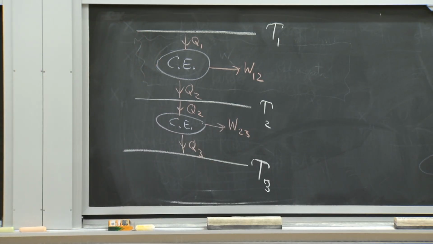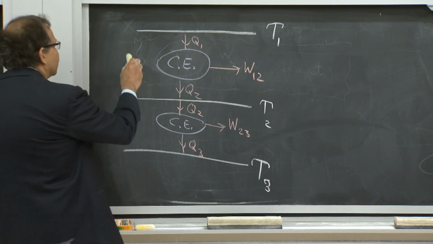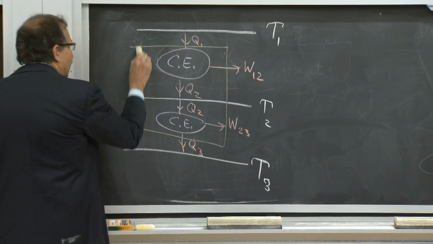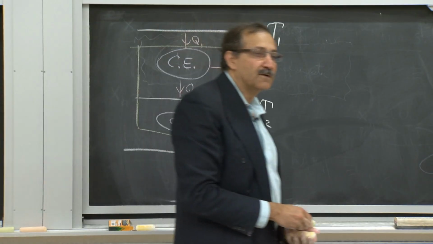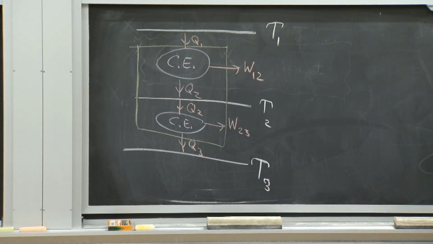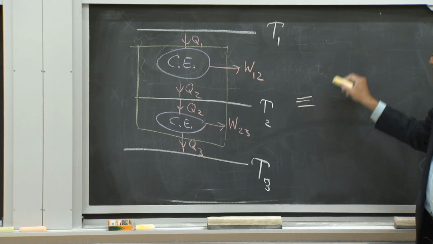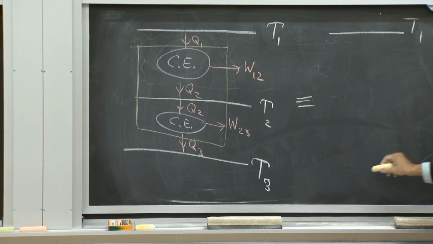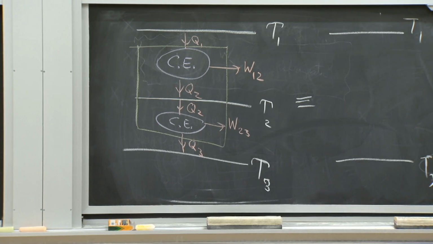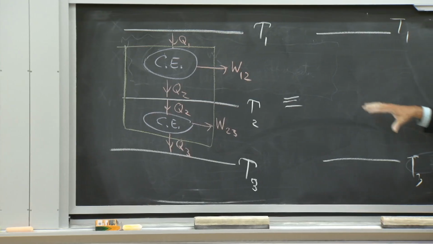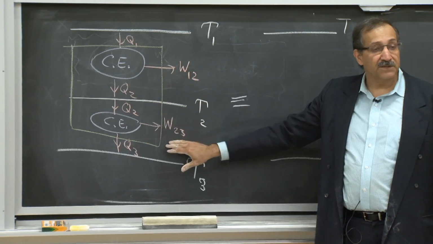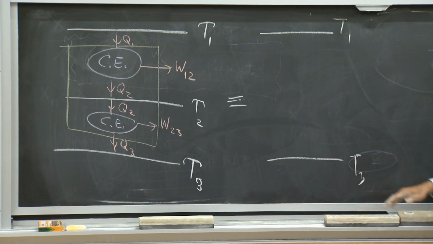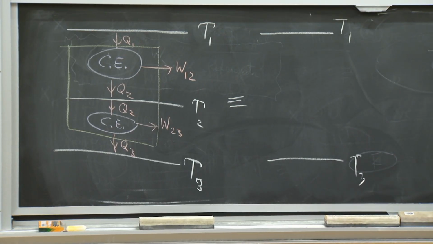Clearly, what I want to do is to say that when I look at the combination of these things, what happens at temperature 2 is an intermediate, and the whole thing is equivalent to a Carnot engine operating between T1 and T3. Again, the whole thing is reversible, operates between two temperatures, and since each one of them can be made to go back to where they started, it is a cycle.